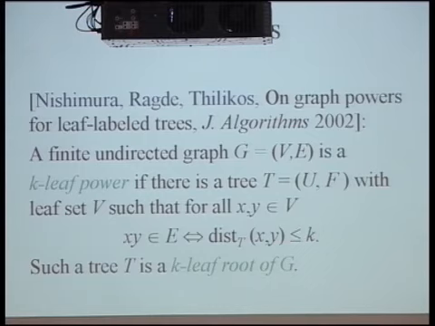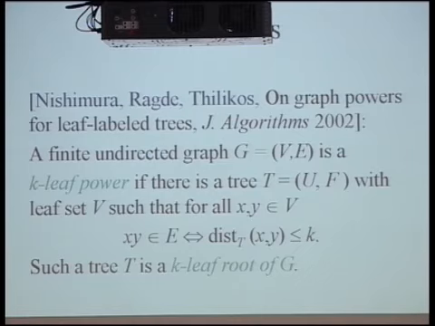Nishimura, Ragde, and Thilikos modified the concept in a paper which appeared in 2002 in Journal of Algorithms, where they drop the condition that internal nodes are branching nodes. They can have degree 2. So now you have only the distance condition.